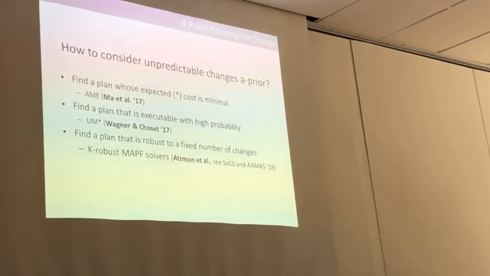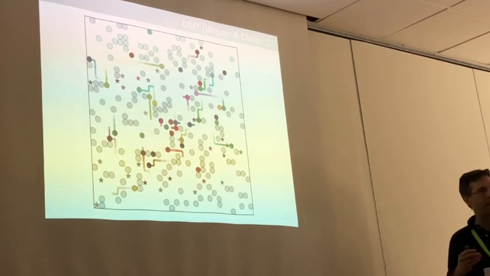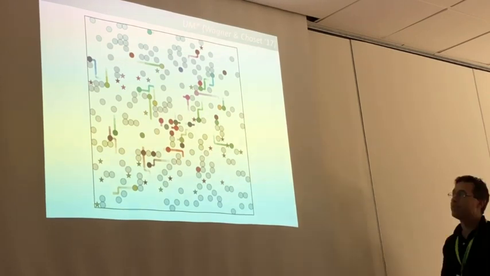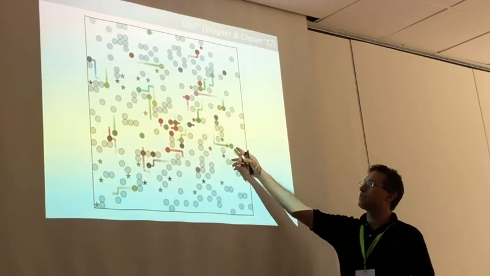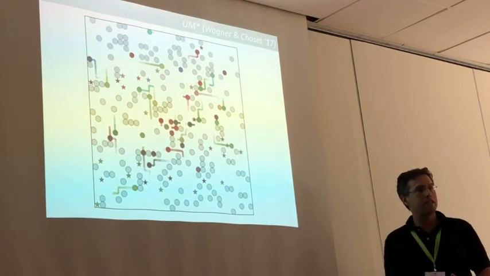Now let's talk about UM-star. Here is an illustration of how UM-star works. Again, the purpose of UM-star is the second option, which is to get me a plan whose likelihood of getting a collision is small. What it does is that for every state, it also keeps track of the last sequence of states where the agent was before.